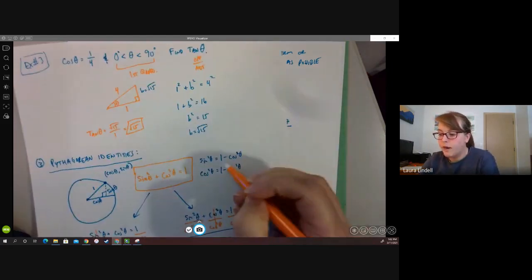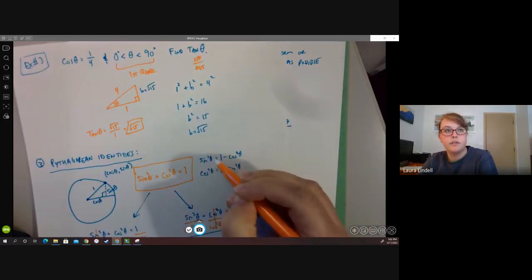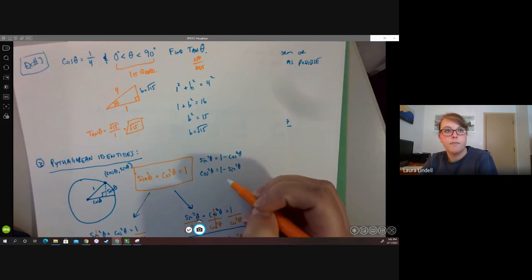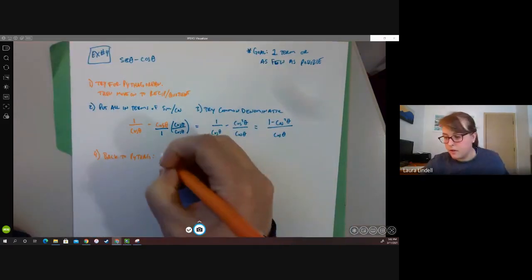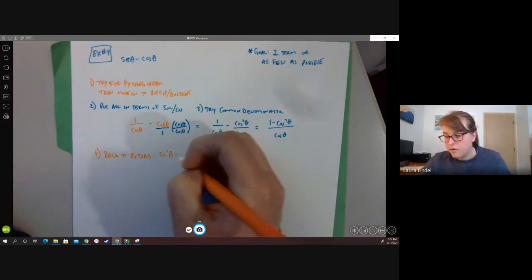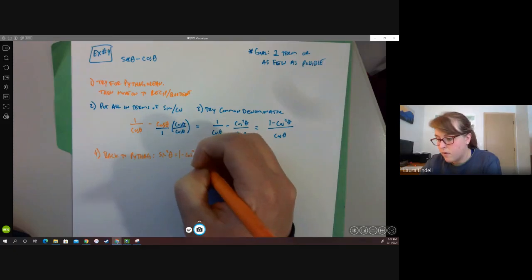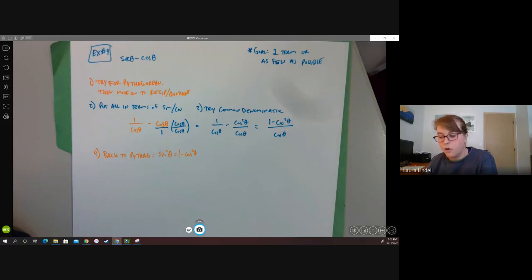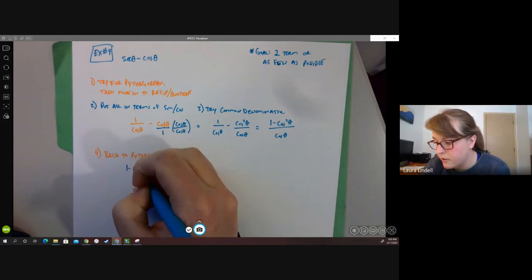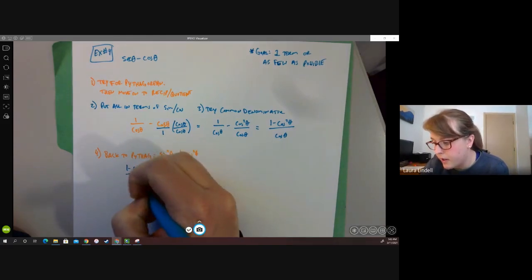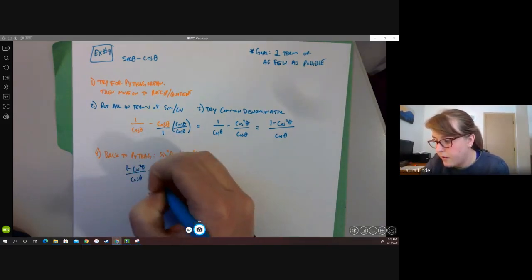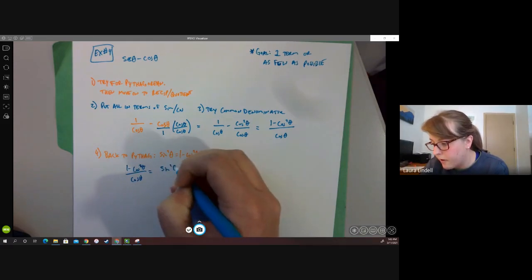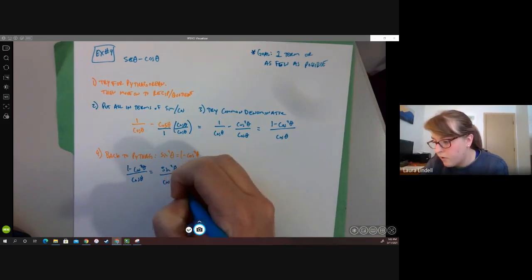We know that 1 minus cosine squared is equal to sine squared. So I can replace this. We have 1 minus cosine squared over cosine. This is equal to sine squared over cosine.